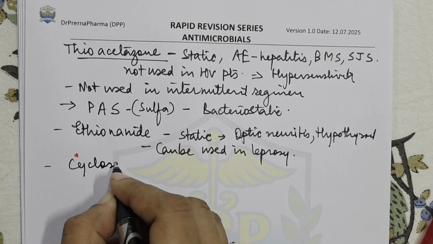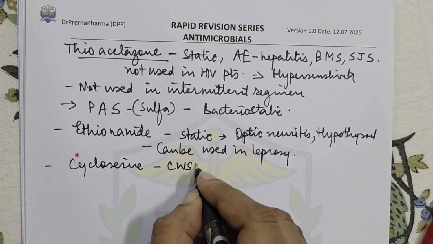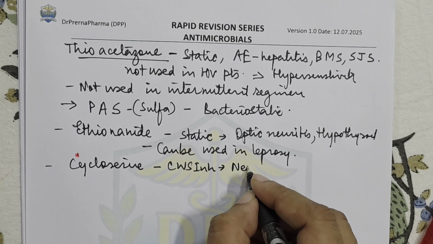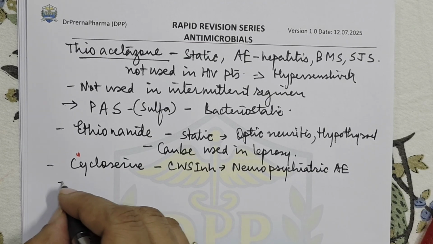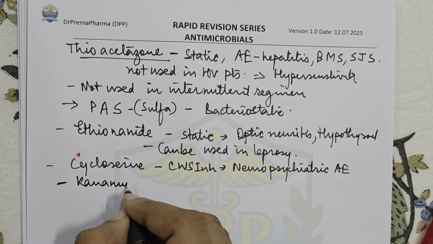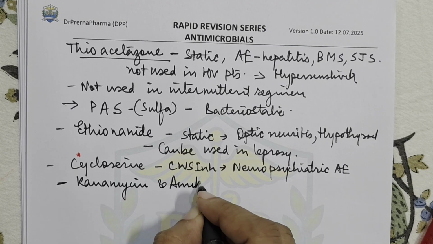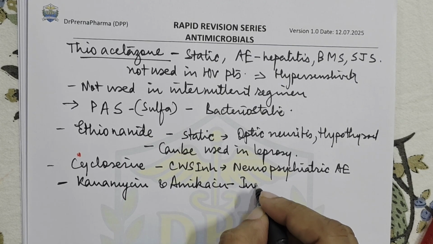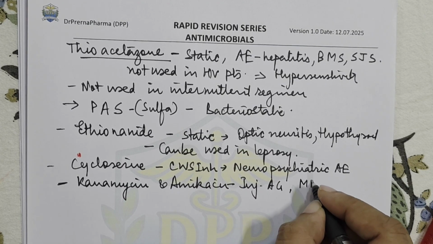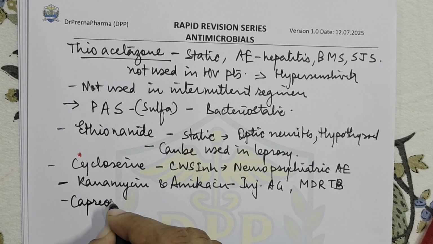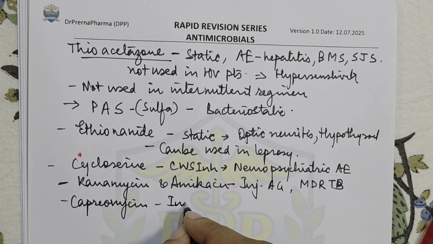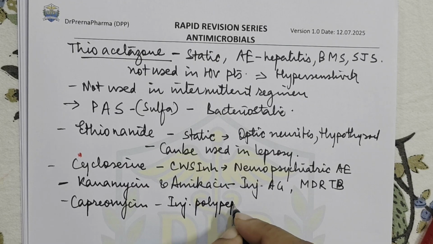Then we have cycloserine. Cycloserine is a cell wall synthesis inhibitor and it causes neuropsychiatric adverse effects. Then we have kanamycin and amikacin. These are injectable aminoglycosides used in the treatment of MDR-TB. Okay. Then we have capreomycin. This is an injectable polypeptide.